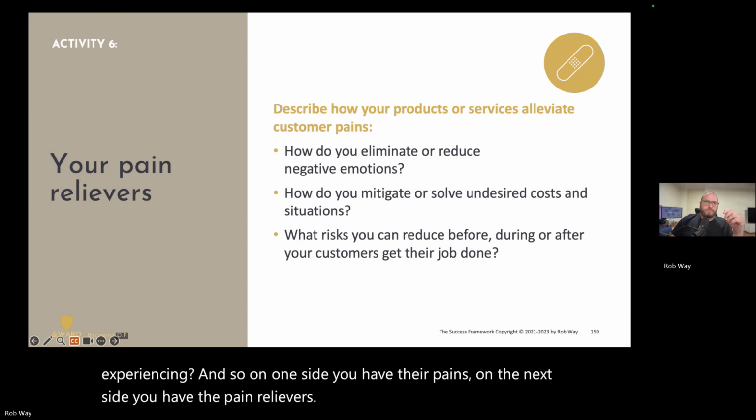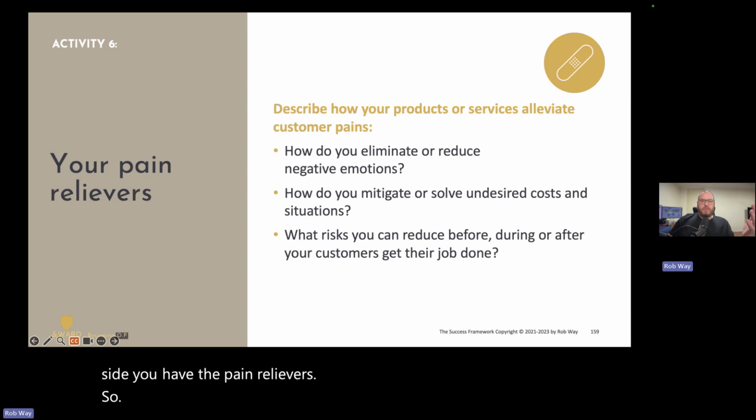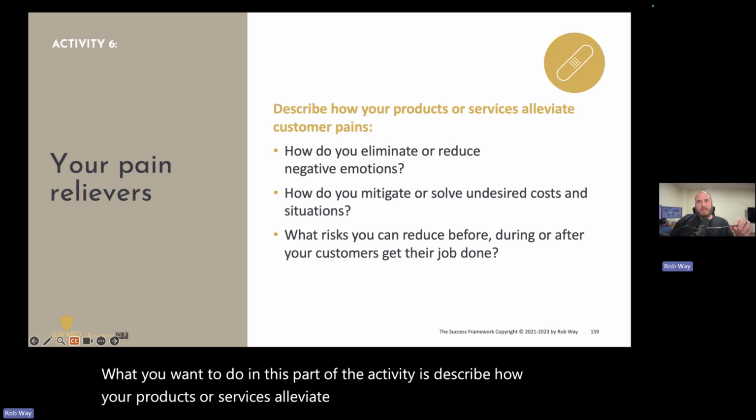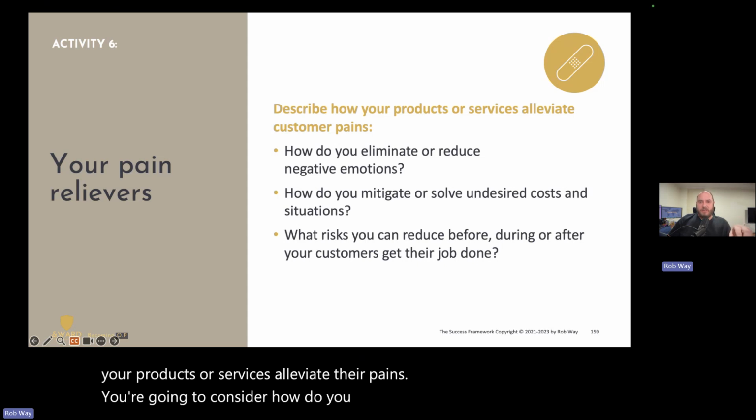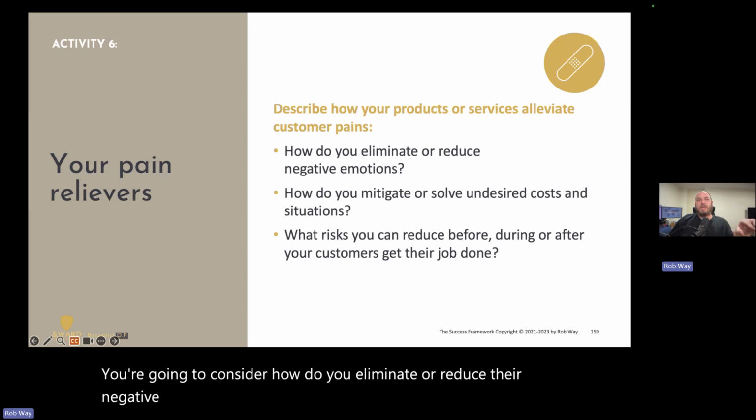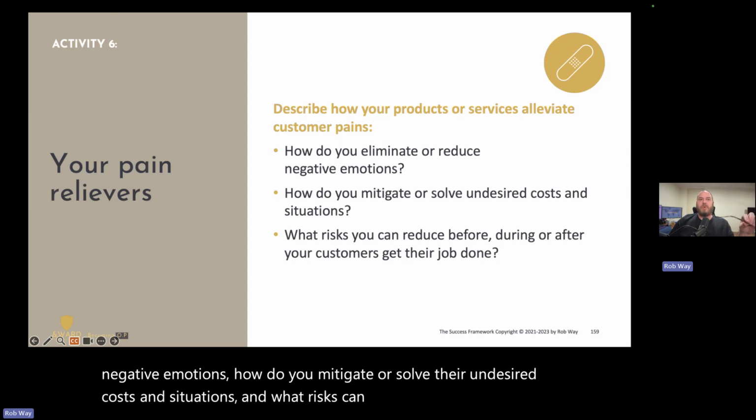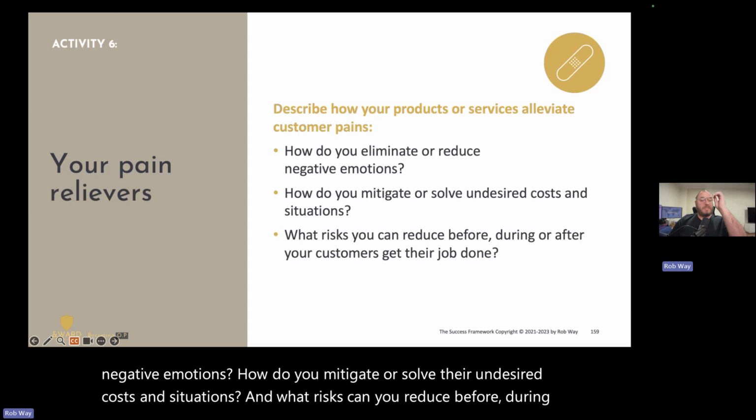So what you want to do in this part of the activity is describe how your products or services alleviate their pains. You're going to consider, how do you eliminate or reduce their negative emotions? How do you mitigate or solve their undesired costs and situations?